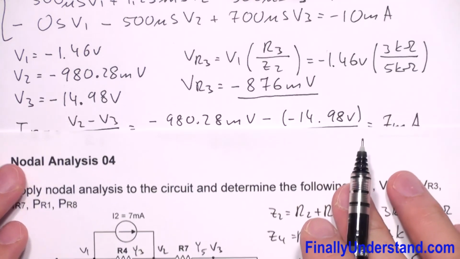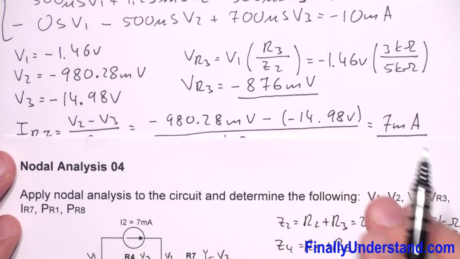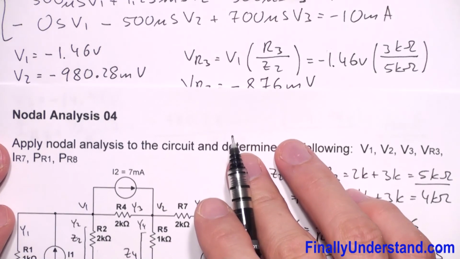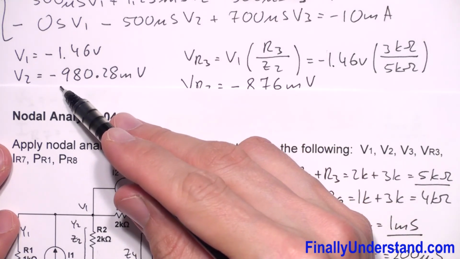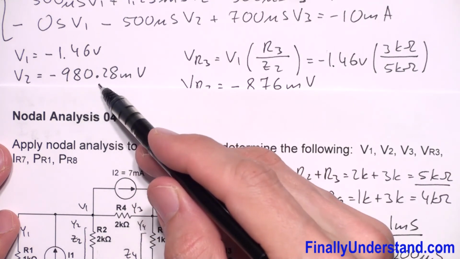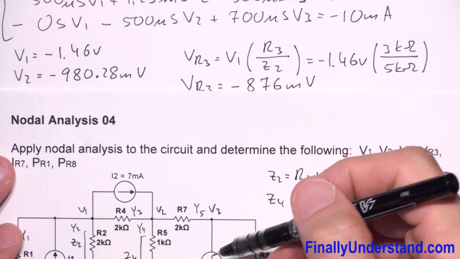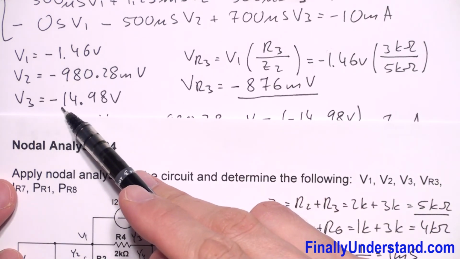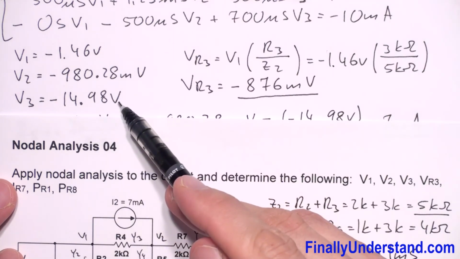And someone is going to ask in which direction this current is going to flow. Please notice that V2 is equal to negative 980.28 millivolts, and V3 has a value of negative 14.98 volts.